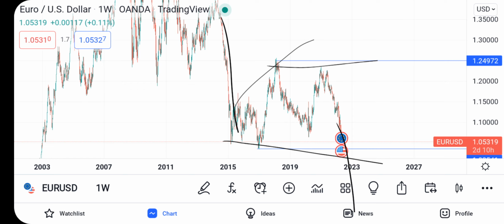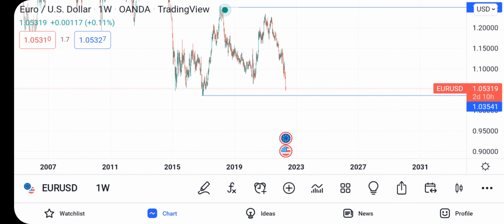But for now, I would rather wait to see a break to the downside and correct after the breakout, and I'll be able to take that sell. Okay, so that's what I was seeing on Euro dollar.